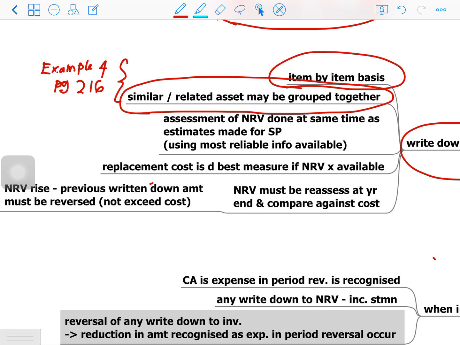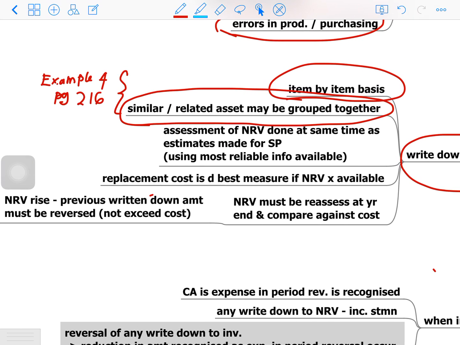This is specifically for items where similar items can be grouped in similar categories. We do it like that. And if net realizable value rises, the previous written down amount must be reversed. You don't need to know this in much detail; it's quite detailed.